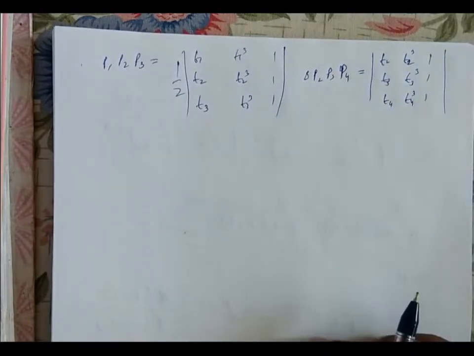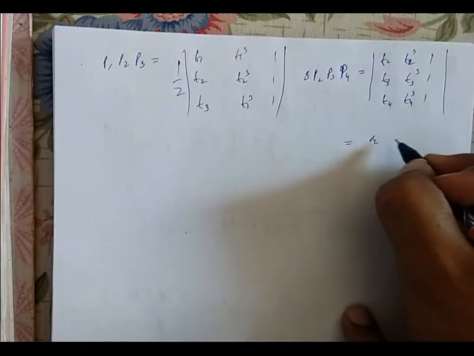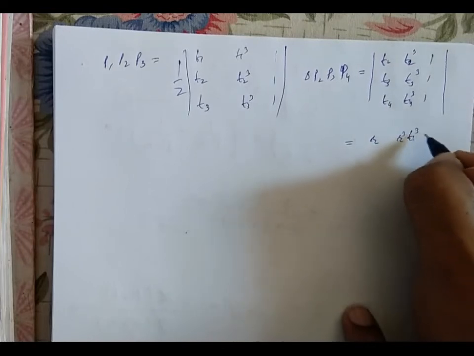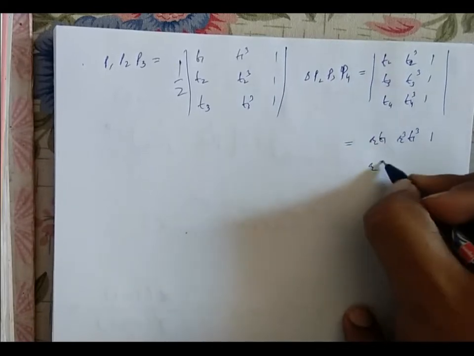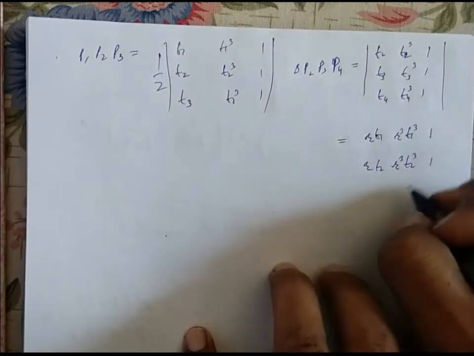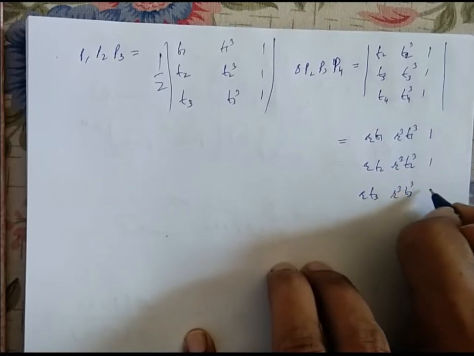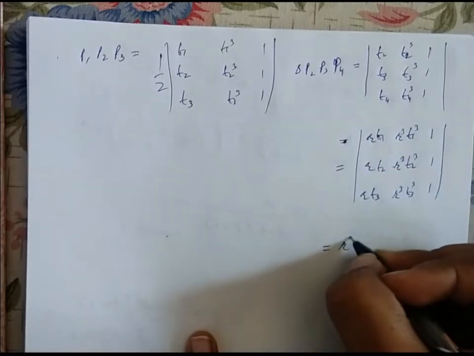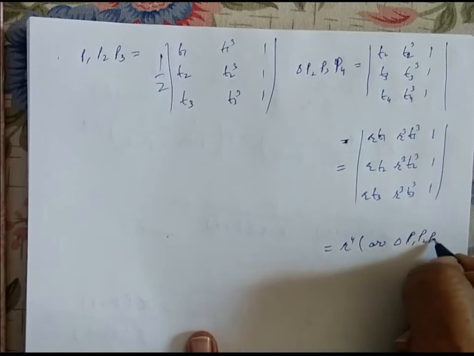Okay. Now this would be R cube T1 cube 1, R cube T2 cube 1, R cube T3 cube 1, which is equal to R power 4 times the area of triangle P1, P2, P3.